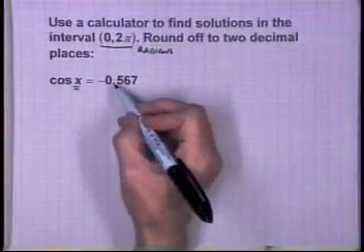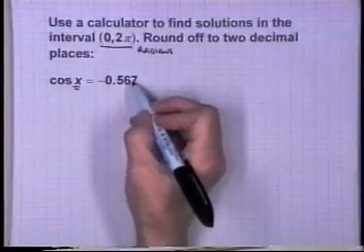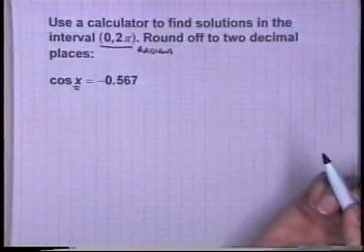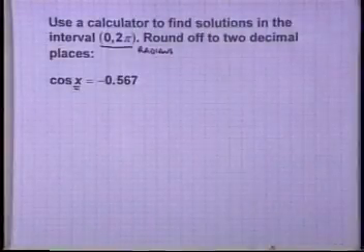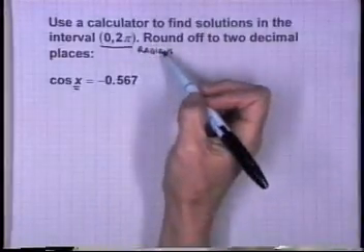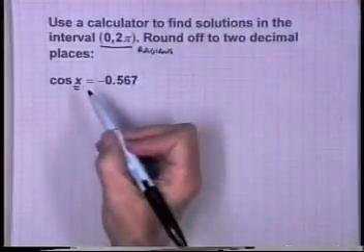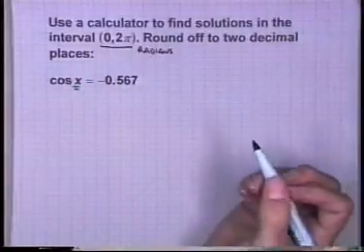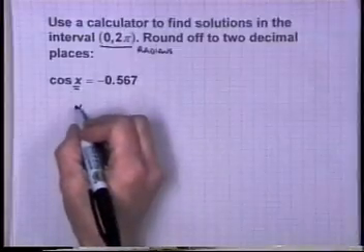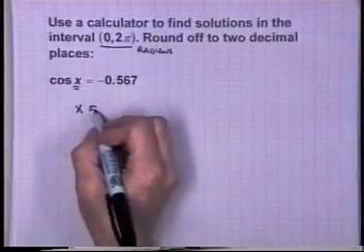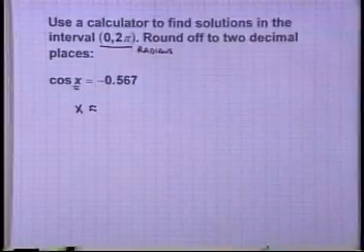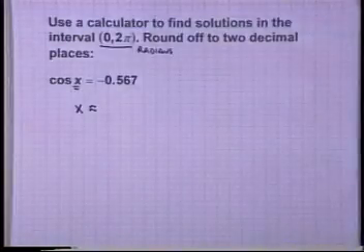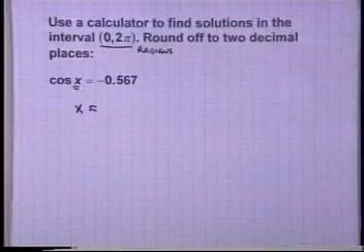Now, since we do not recognize this 0.567 value like we did the square root 2 over 2 value, we will go to our calculator. Now be sure as you go to your calculator that you have it set for radians. And we will just use our inverse cosine key on our calculator to get an approximate value. Now I'm going to use sort of a wavy equal sign here to indicate that this is not going to be exact because we're going to be rounding off. Now keep in mind that every calculator is a little bit different.